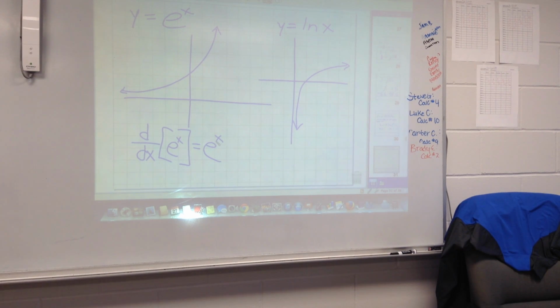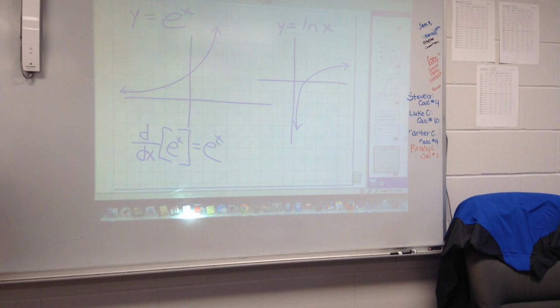Now, if you have to use the chain rule, which will be required sometimes, like if you have e to the 5x, the derivative of e to the 5x would be e to the 5x times 5, because you got to take it times the derivative of what was up in the exponent. Okay?